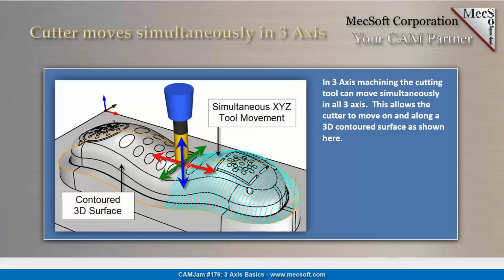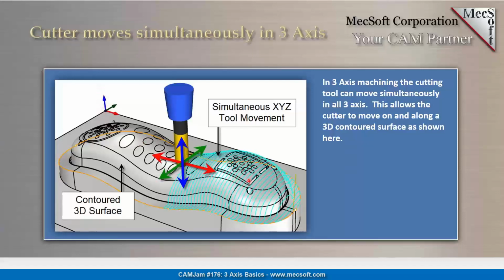Now, in this 3-axis, we have several different types of strategies for machining, and we will be covering them during our demo. If you take a look at this slide, you'll see that the x-axis is represented by the red arrow, the y-axis is represented by the green arrow, and the z-axis is represented by a blue arrow.